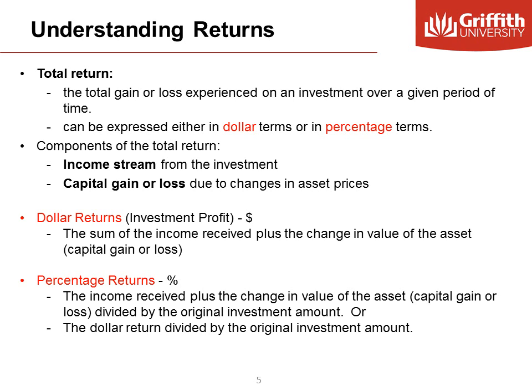Or divide the dollar return by the original investment amount. What happens if we don't have any income? Well, the dollar return is just the change in value of the asset, the capital gain or the capital loss. And the percentage return becomes the change in value divided by the original investment.